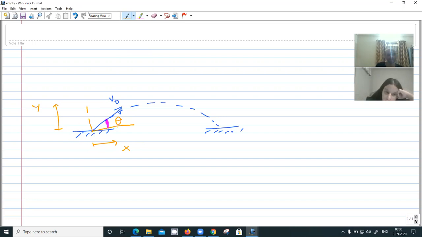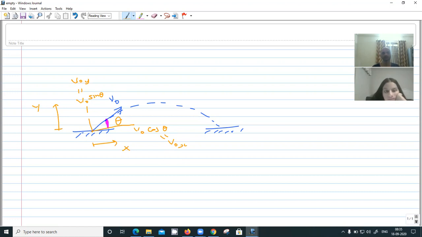Okay, so it will have v naught cos theta, and this is v naught sin theta. This v naught cos theta is v naught x component, and v naught sin theta is v naught y component. Previously there was only v naught x component, horizontal launch.